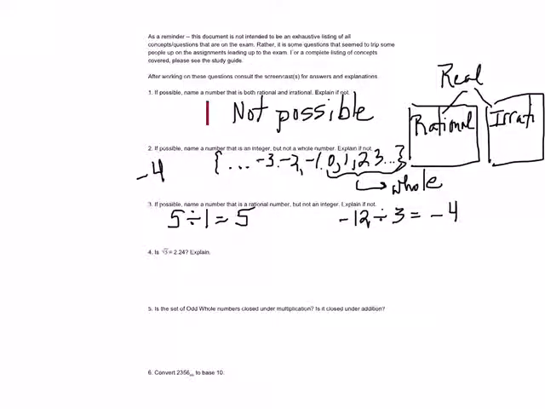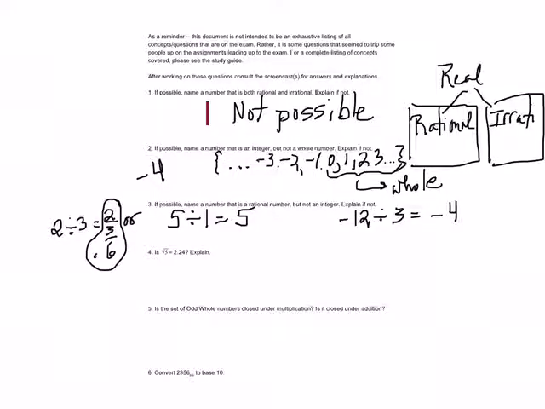Sometimes when you divide two integers, you do not get an integer back. For example, 2 divided by 3 is 2/3, or 0.6 repeating. So a rational number that is not an integer, I'm going to go with 2/3, which is the same thing as 0.6 repeating.